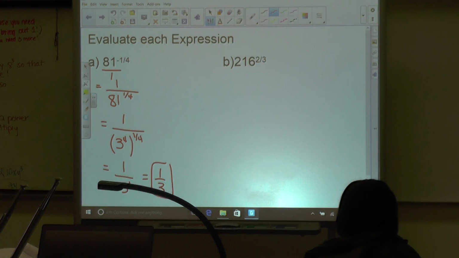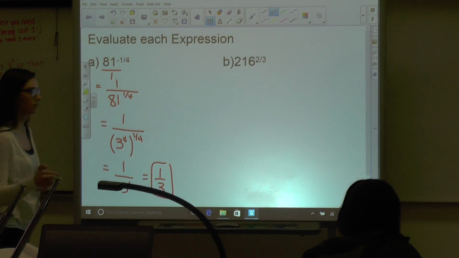I'm making you think a little bit more deeply. 6. 6 to the power what? 6 times 6 is? 36 times 6 is? 216. Great job. So he just told me 6 cubed gives you 216.